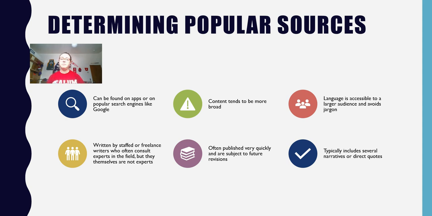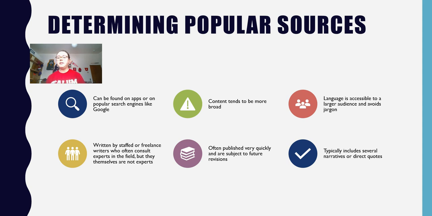It seems like there's something new coming out each and every day. And as you read through this content, you wouldn't be very hard pressed to find at least one statement that says there was an update to this story, or there was a change in this story, or we'd like to make a revision based off of new information we've received. So you're going to be far more likely to encounter that in a popular source than you would in a scholarly one.